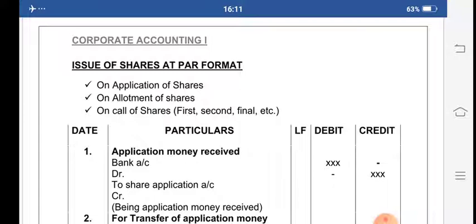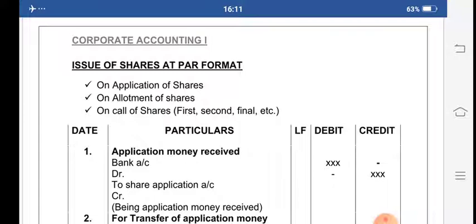There are three things: on application of shares, on allotment of shares, and on call of shares. For this purpose there are only six entries. For application of shares we have to pass two entries, for allotment of shares two entries, and on call of shares, whether it is the first call, the second call or the final call, two entries.